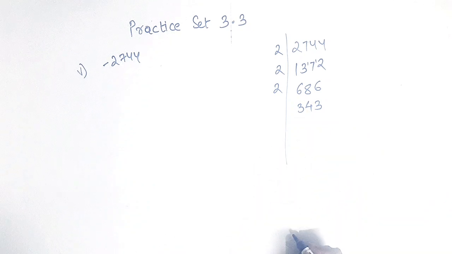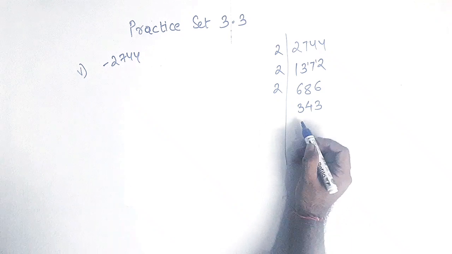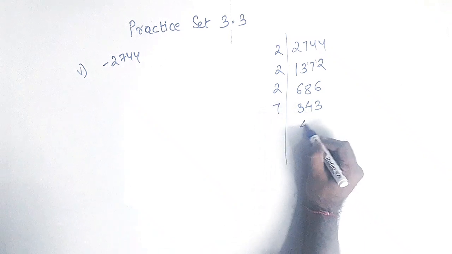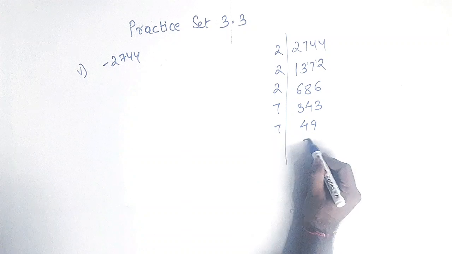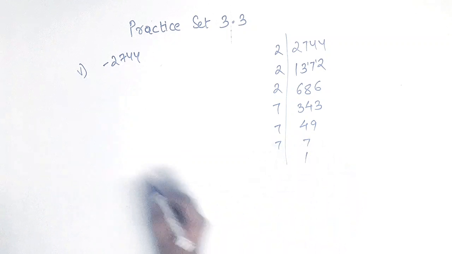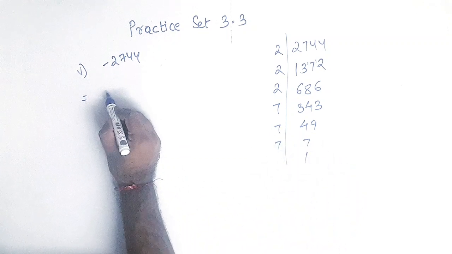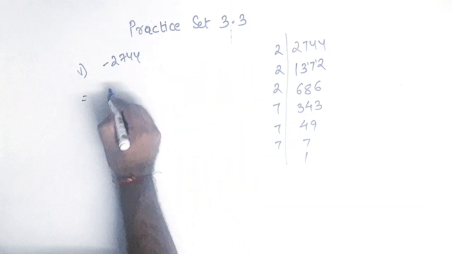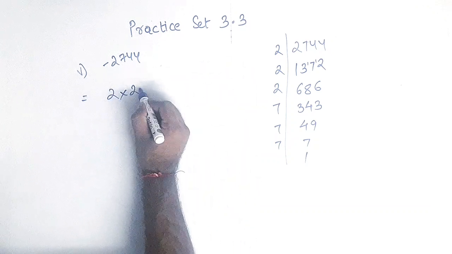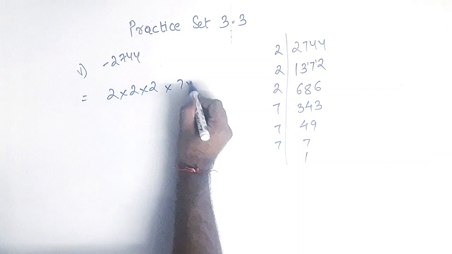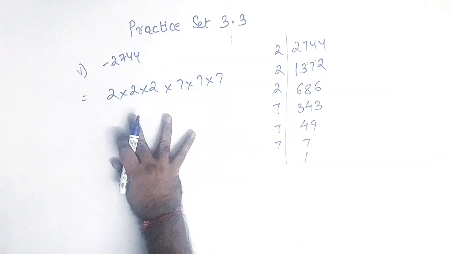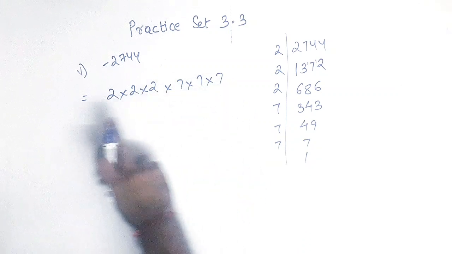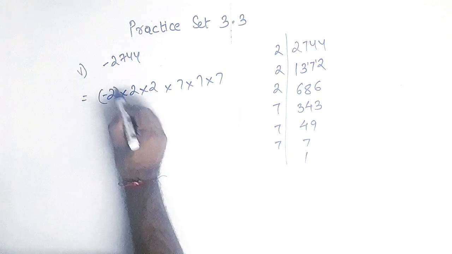You know the cube root of 343, you did recently. So we'll take 7: 7 fours are 28, 49, 7 sevens are 7, 1. So you are getting the factors of 2744 as 2 into 2 into 2 into 7 into 7 into 7. For any triplet, any 3 numbers, you can take a negative sign. So I am taking minus here.